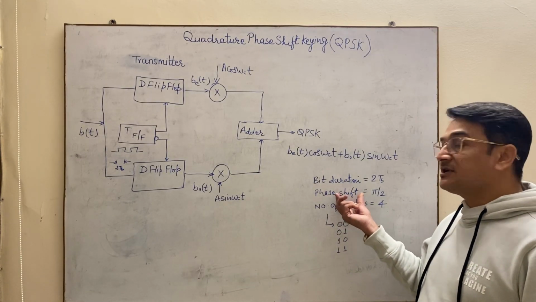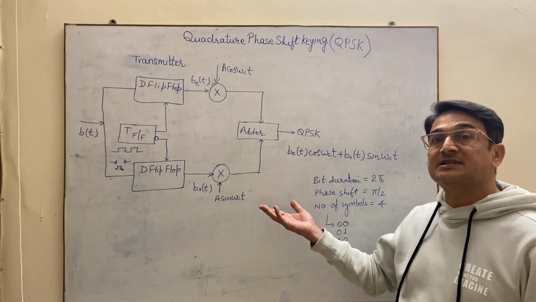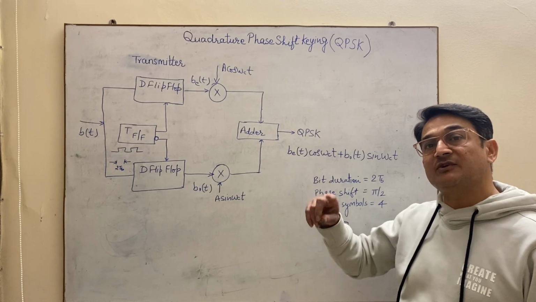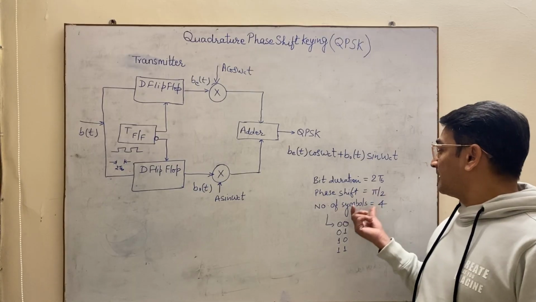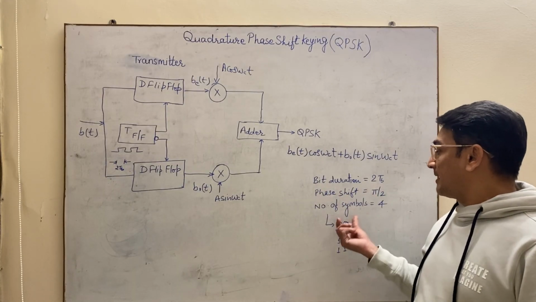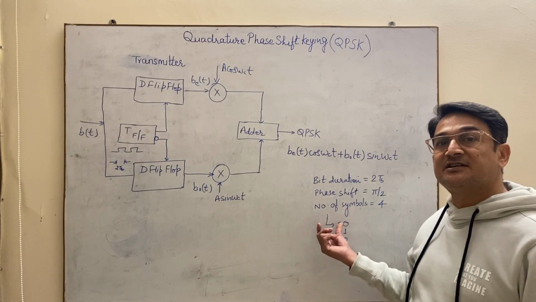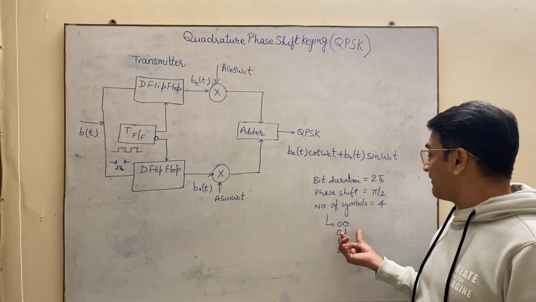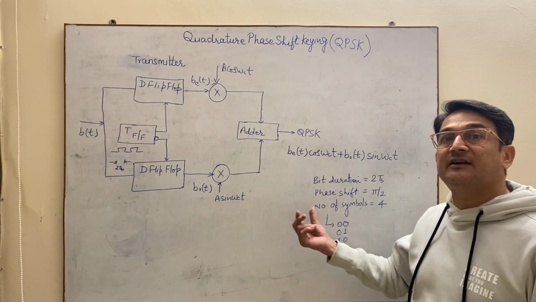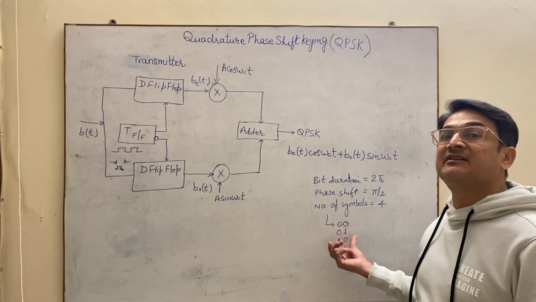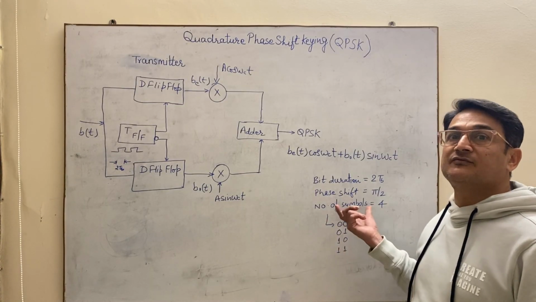As far as BPSK is concerned, the phase shift between 0 and 1 was pi, that is 180 degrees. But in QPSK, as we have four symbols, 360 divided by 4 is 90. So every symbol will have a 90-degree phase shift, and after every 90-degree phase shift, you will get a different symbol out of these four symbols.